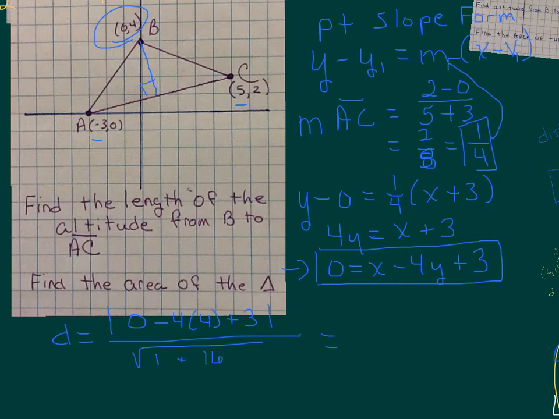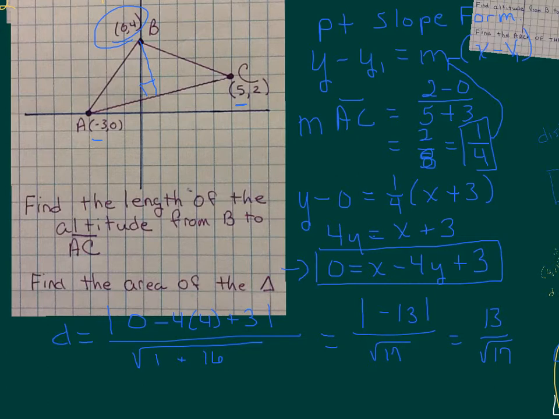So we get the absolute value of negative 16 plus 3, or 13 over the square root of 17. That is the length of the altitude from point B to the opposite side of the triangle, or segment AC. So that's the length that we were looking for.